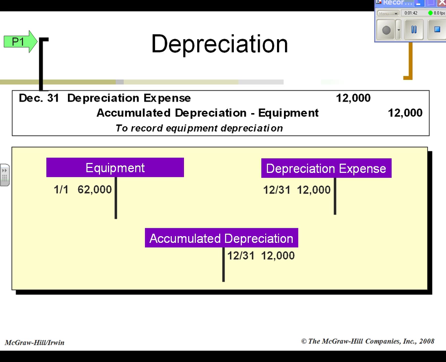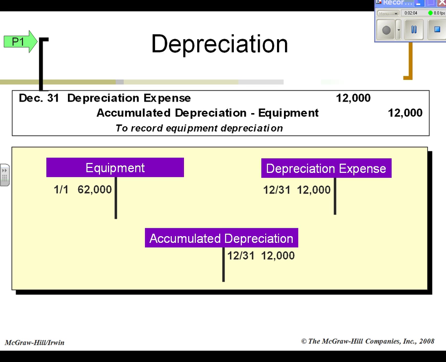That was chapter 2. All right, so we have this equipment. It's an asset. So there's the debit of 62,000. Then I'm recording this December 31st adjusting entry, and there's depreciation expense I'm debiting for 12,000, and accumulated depreciation which I'm crediting for 12,000.